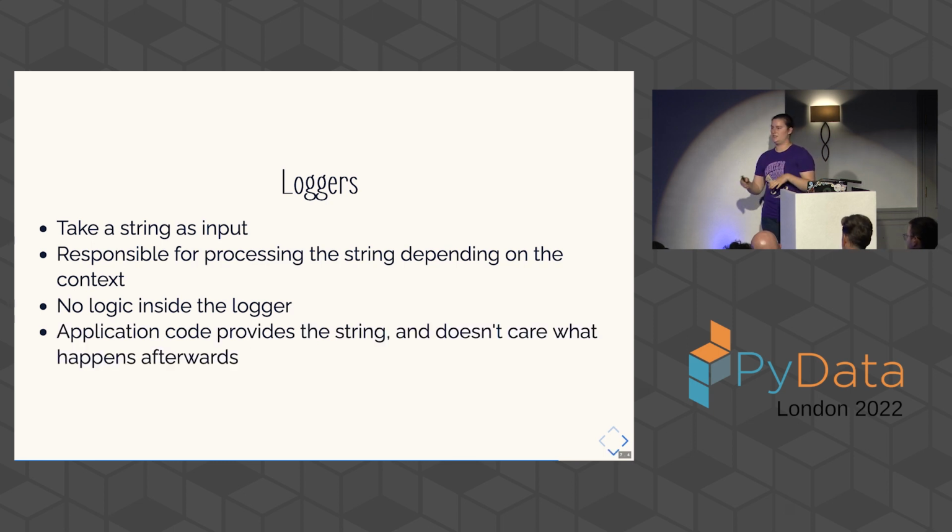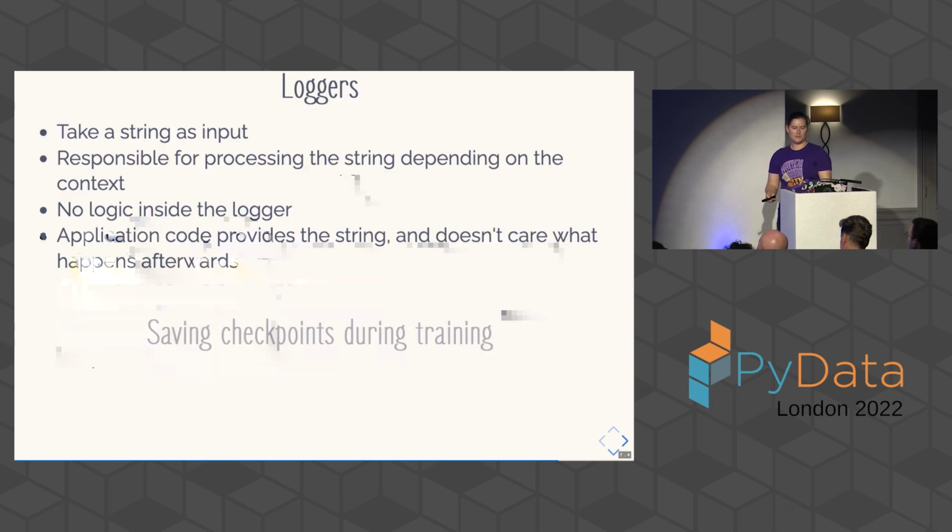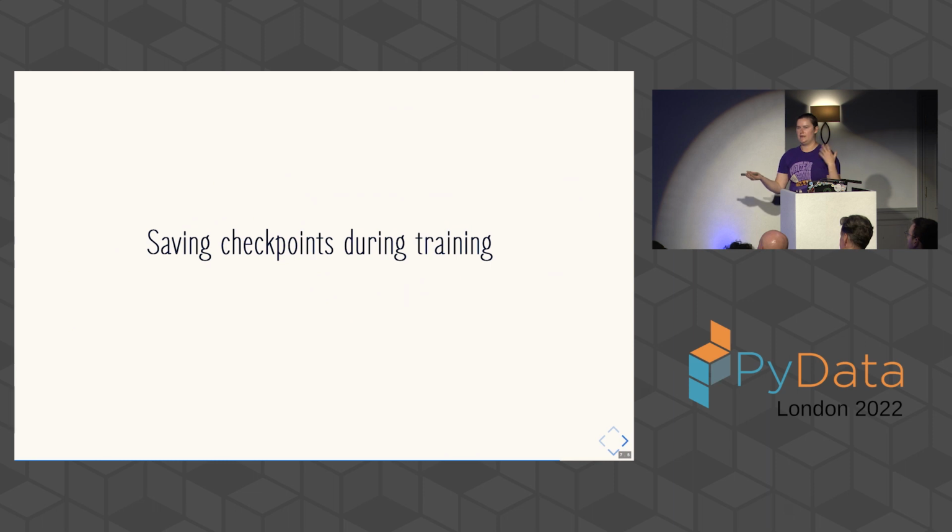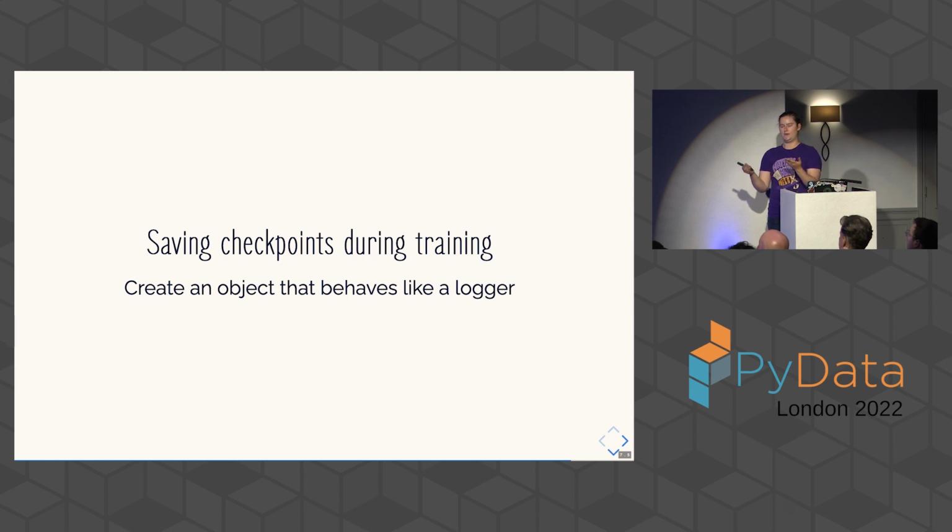Your application is just sending things to the logger, and it does not rely on the logger to do anything for it afterwards. You should try to have the same idea when you have things like saving checkpoints in training. Create something which behaves like a logger. It should be agnostic to what your application is actually doing, and your application should not be dependent on it.